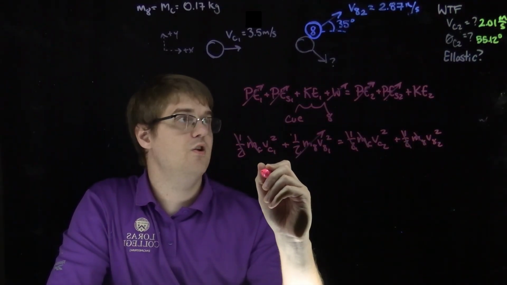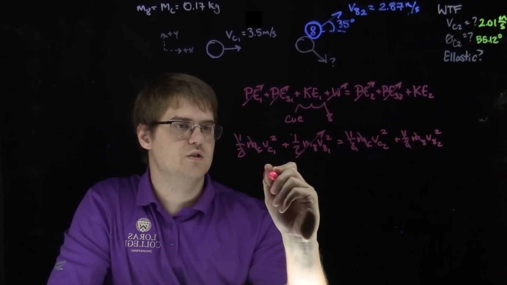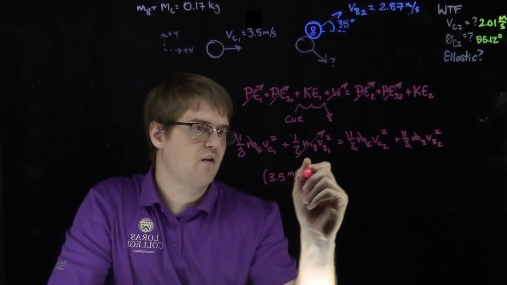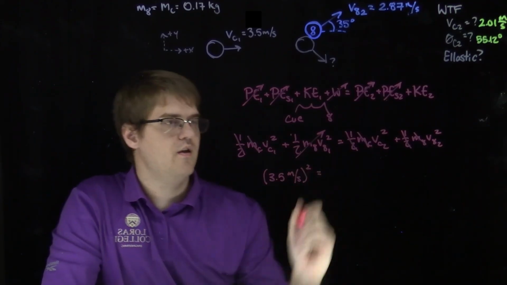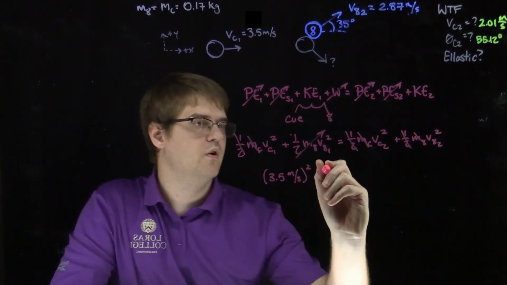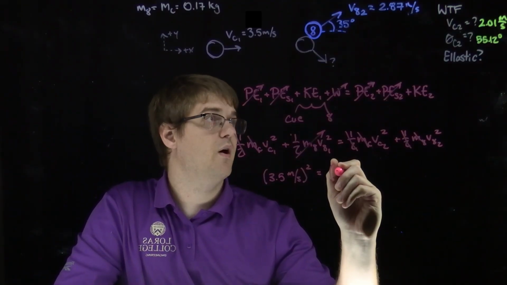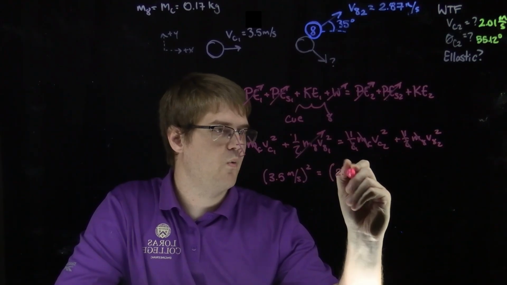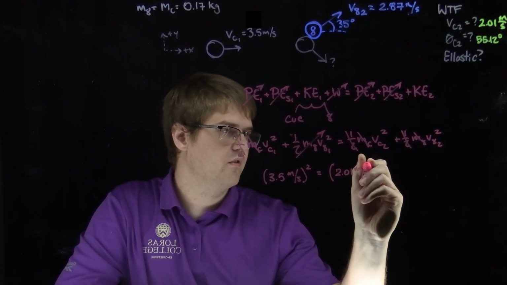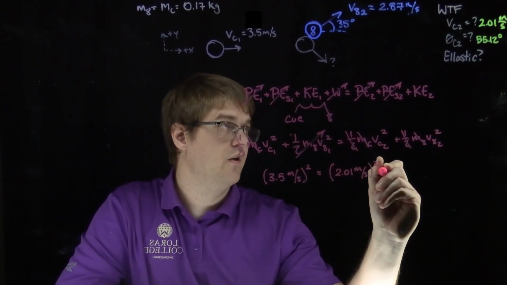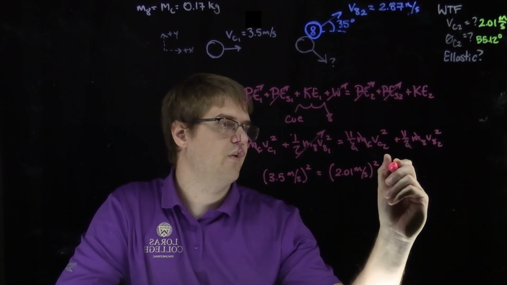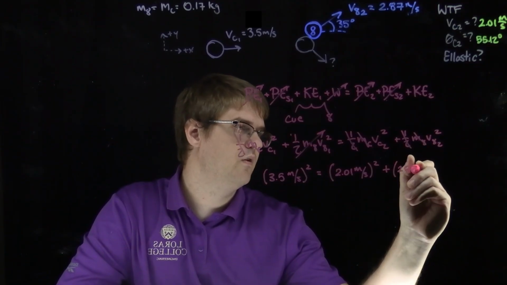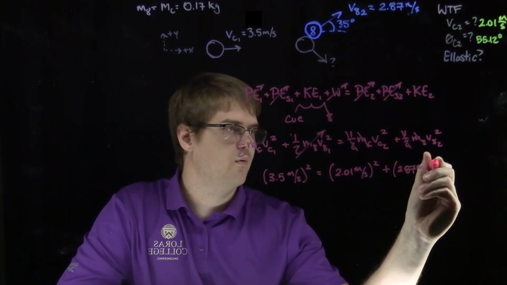So velocity of the cue ball at 1, which is 3.5 meters per second, squared, has got to be equal to the velocity of my cue ball at 2, which I just solved as 2.01 meters per second, squared, plus the velocity of my 8-ball, which was 2.87 meters per second, and we got that value squared.